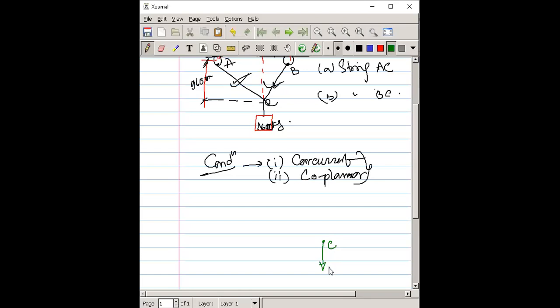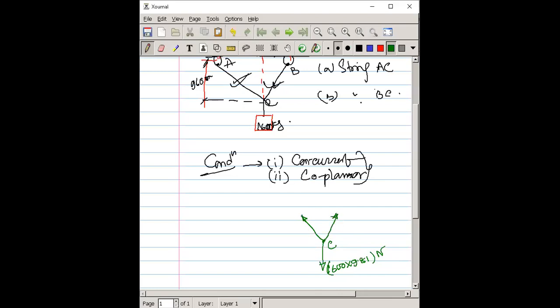So if we convert it into force, that should be 1600 into 9.81, right? So this amount of Newton force is there. Another is tension. So at point C, one string is on this side and another string is on this side, right?